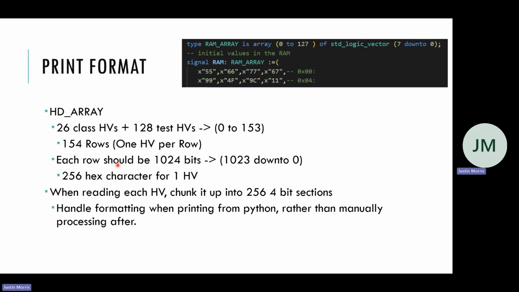And then when you load these values into your design, when you read one value, you read one entire hypervector. Right? Because before we were reading one 8-bit cell, but we're changing these cell sizes to 1024.